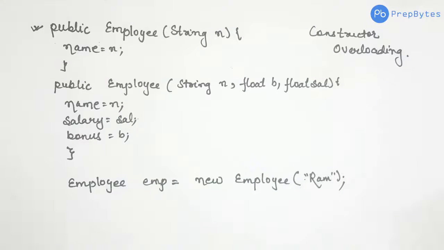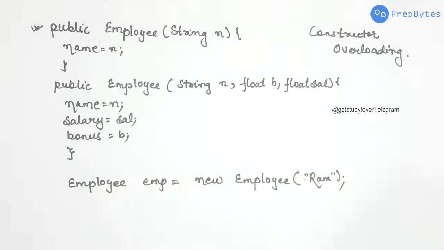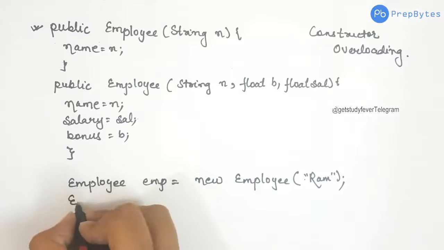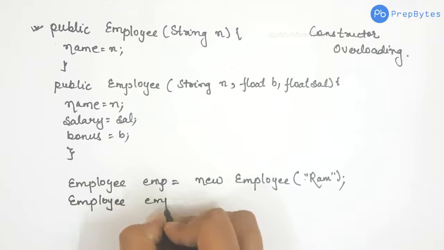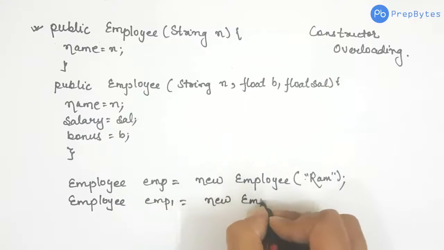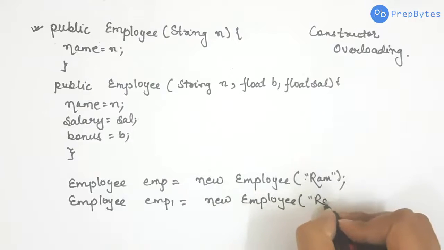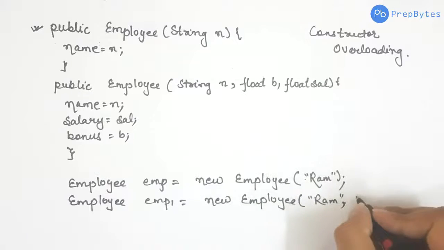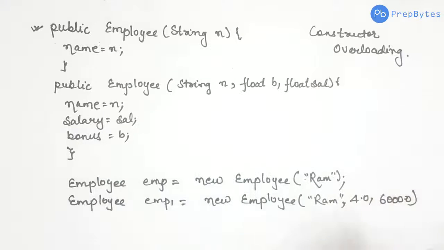Now let's say I want this constructor to get called. I want all the 3 parameters to be initialized. So in that case I will create the object like this. Avoid the numbers.